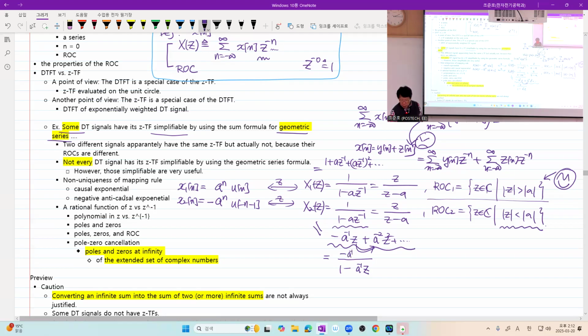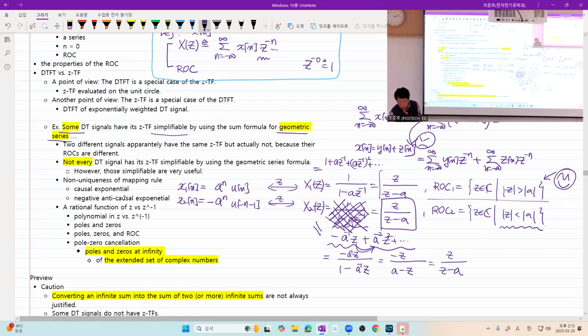I hope I'm right. Just a second. 1 minus, I believe so. And then here, not this one, but that one. You multiply a, then you have a minus z, and here negative z, and this is z divided by z minus a. Got it?